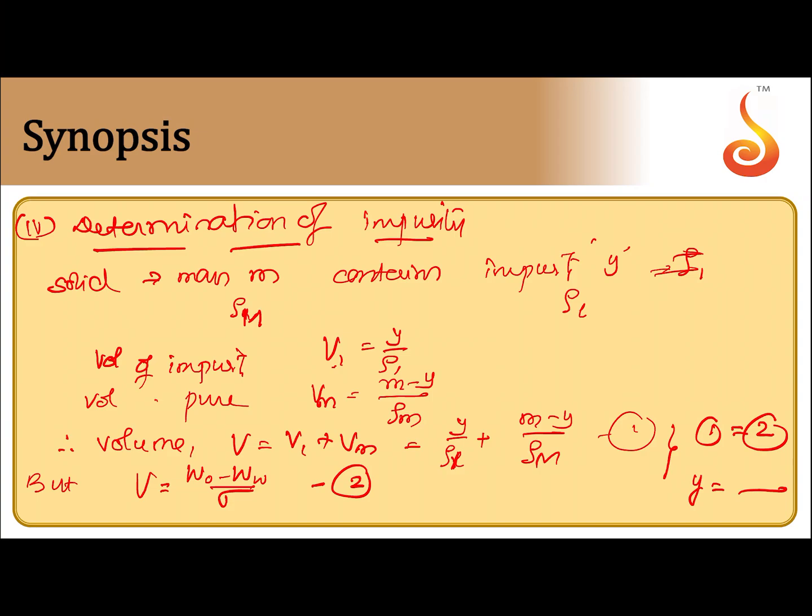So the extent of impurity present in a pure metal can also be calculated like this. So these are some important applications as far as Archimedes' principle is concerned.